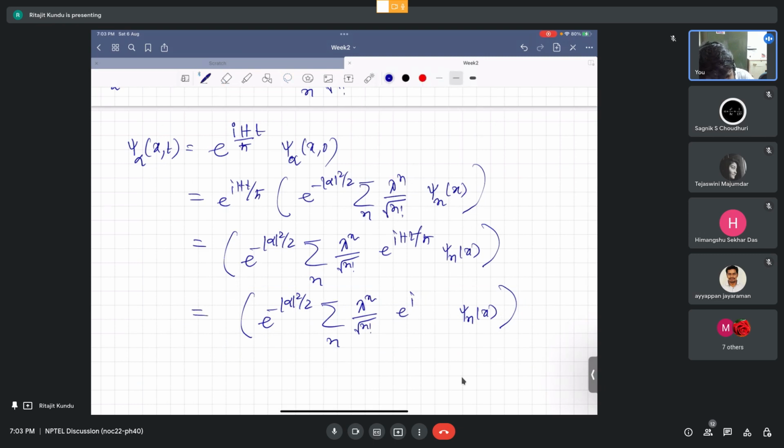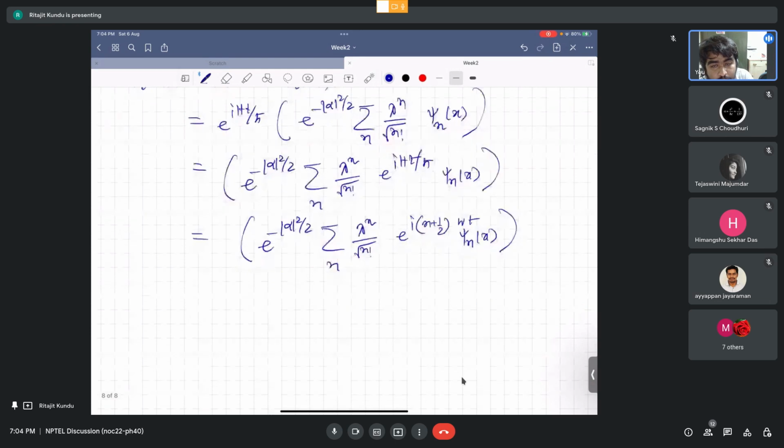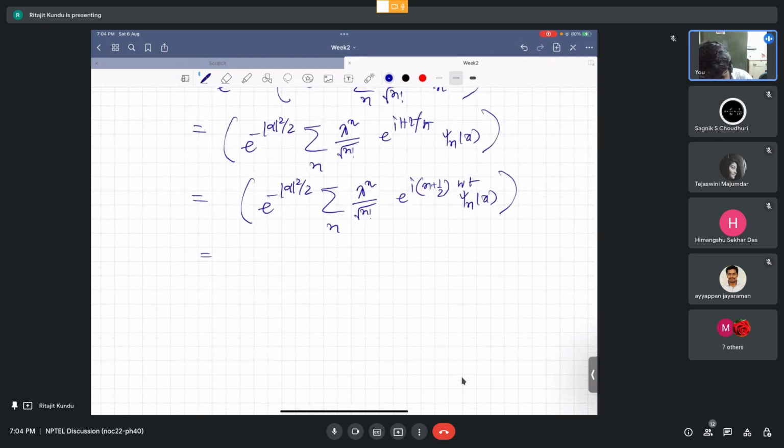I can directly use (n plus half) h bar omega. There is also t, and h bar will cancel. I hope this is clear. Then I can take this minus iωt part out, and I am left with α e to the power minus iωt to the power n by square root of n factorial, ψ_n(x).